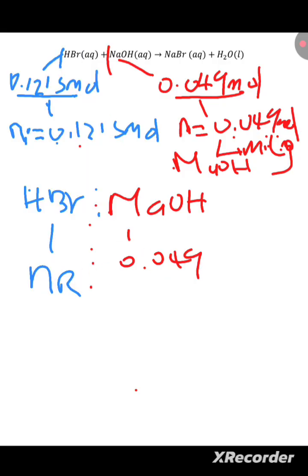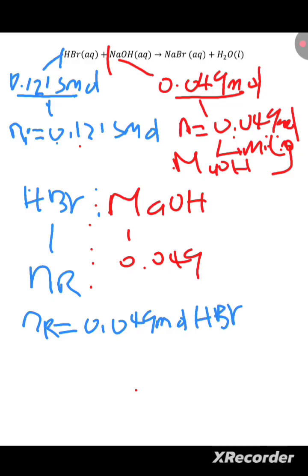The answer would be the same. So the reacted number of moles for the excess is equal to 0.049 mole of HBr in this case. So this number of moles for HBr are the reacted number of moles. These ones are the initial number of moles for the HBr.